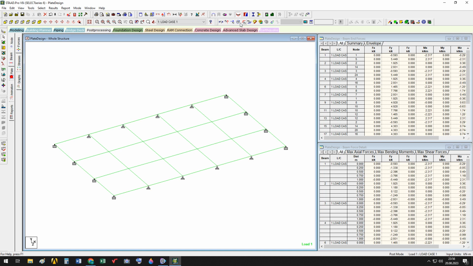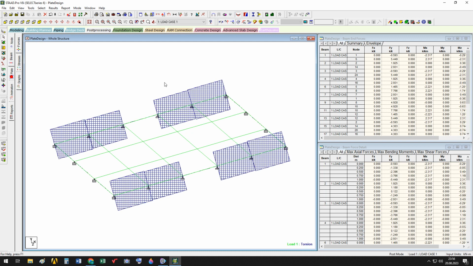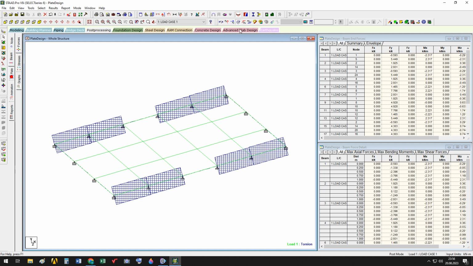So what is this? I can see FC. I think it's very small in comparison to Fy. We can see torsion developed in some beams.